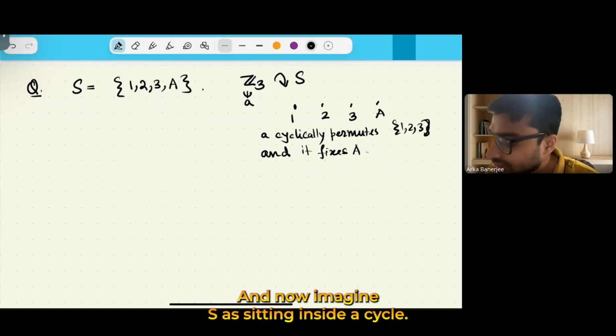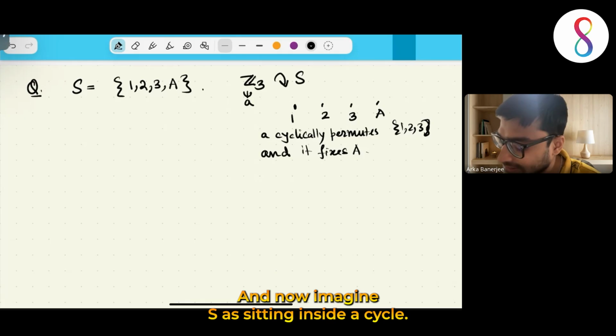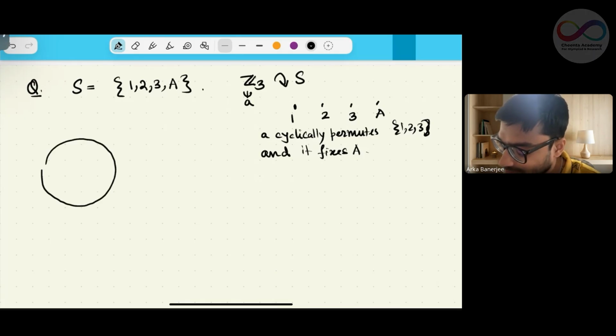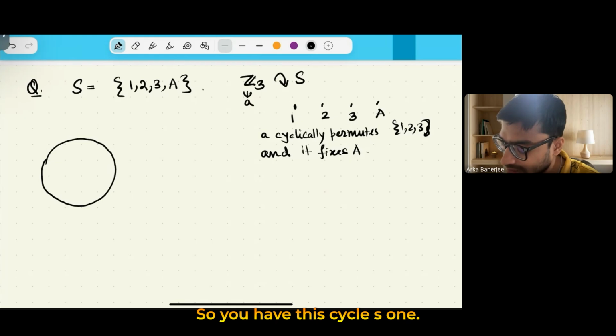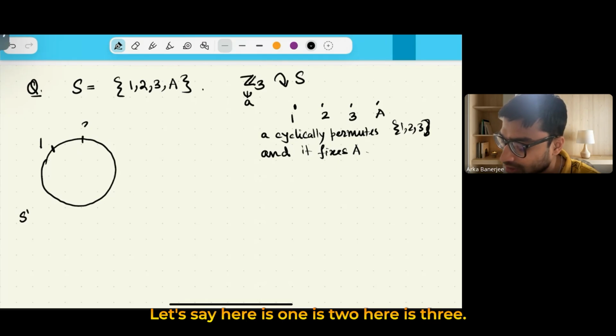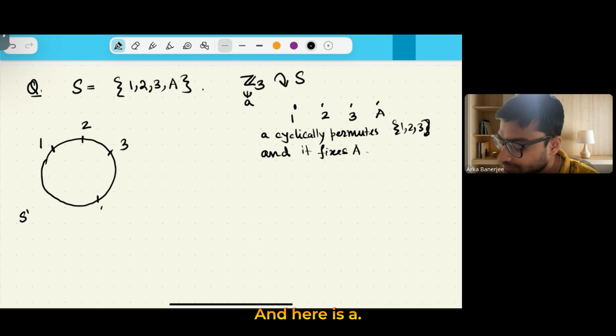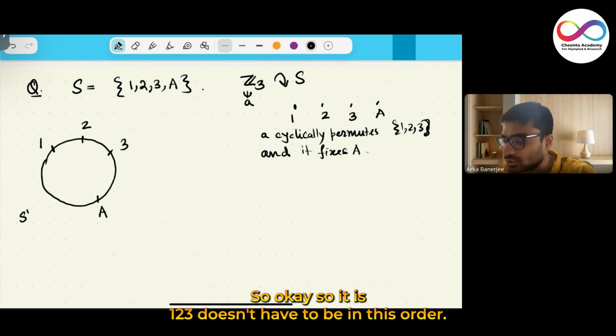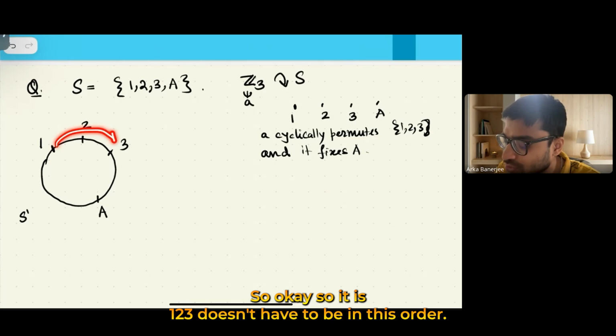And now imagine S as sitting inside a circle. So you have this circle S1, and now I have this set S sitting inside it in some way. Let's say here is 1, here is 2, here is 3, and here is A. This 1, 2, 3 doesn't have to be in this order.